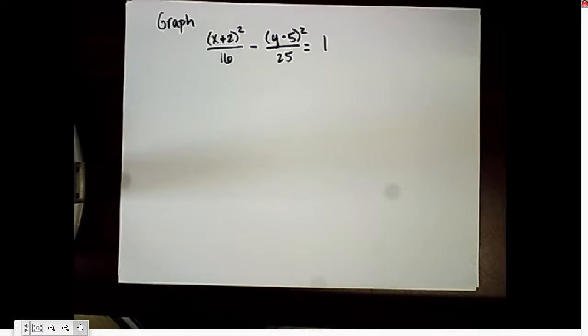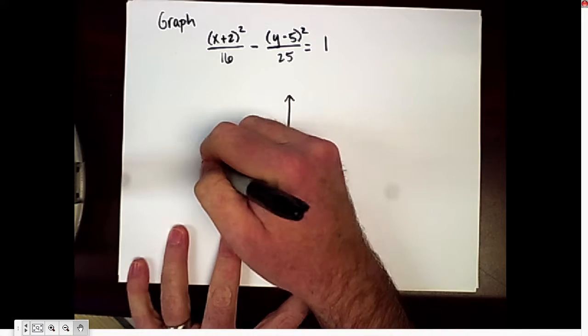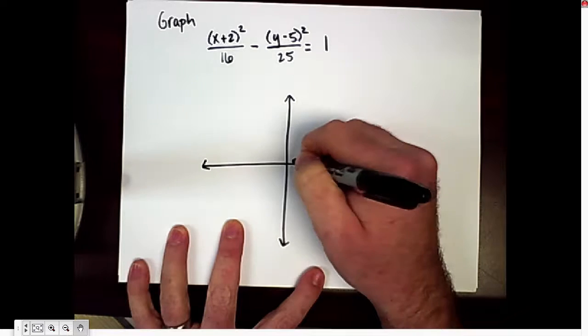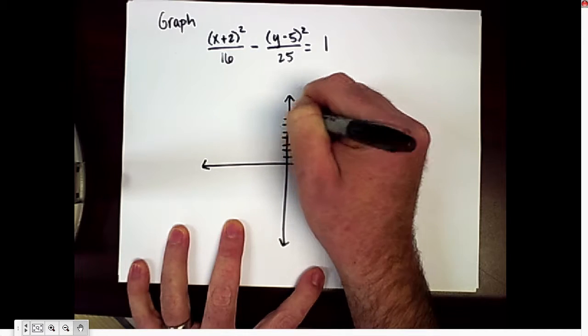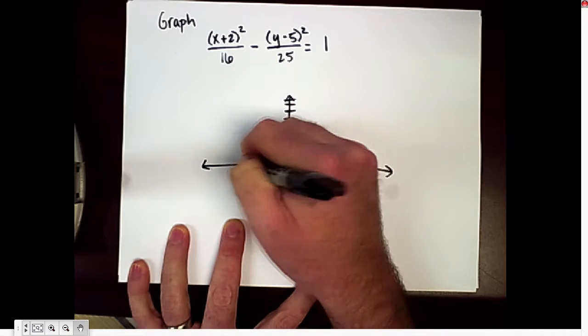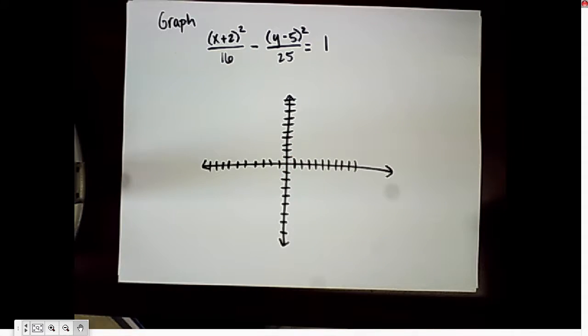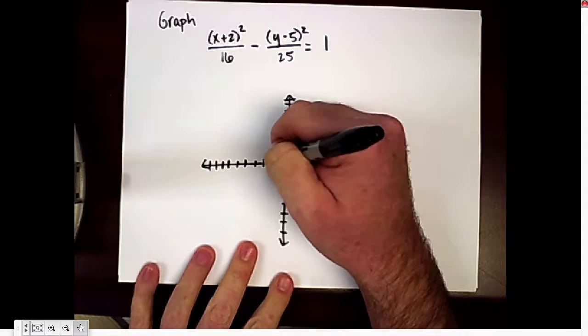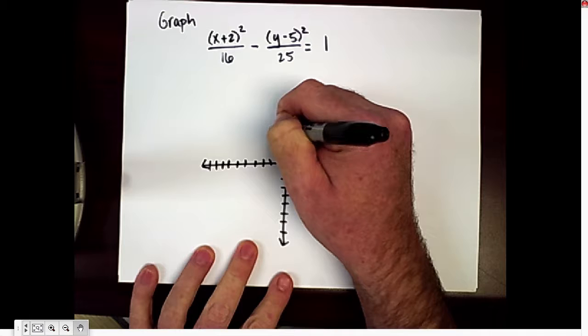Okay, so walk me through what you would do if this were an ellipse. What's the first thing you would do? It'd be the center. The center is going to be at -2, 5. So you go -2, 1, 2, 3, 4, 5.